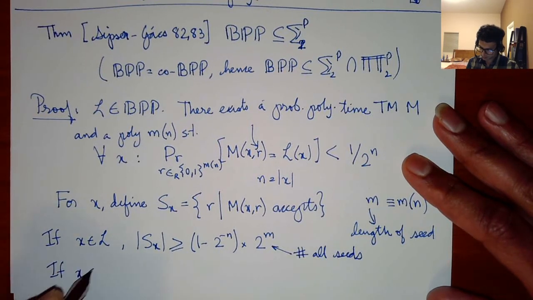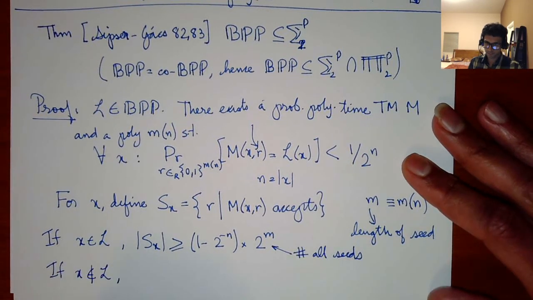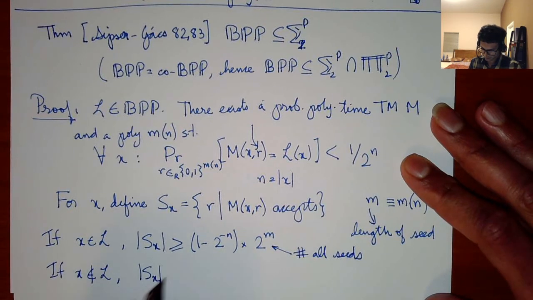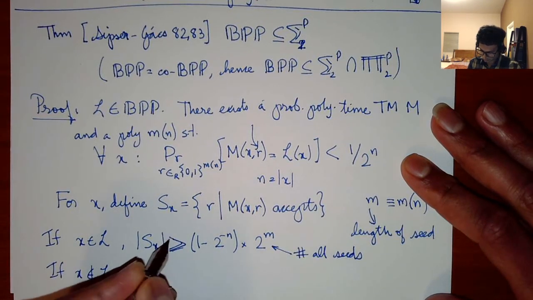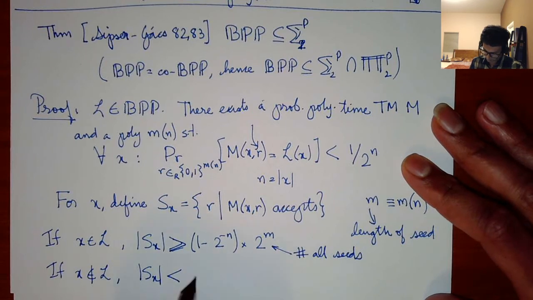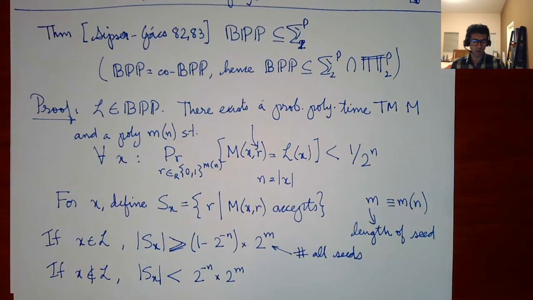If x is not in L, then the size of S of x is strictly less than 2 to the minus n times 2 to the m, which is really small.